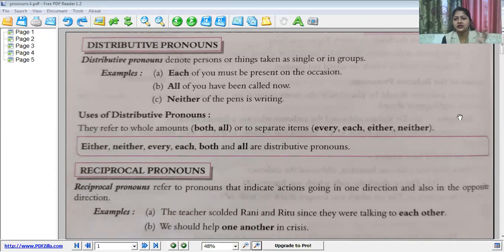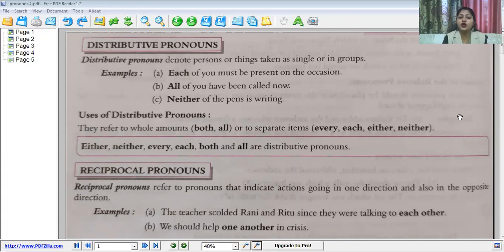They are indicating many as each. Now all of you have been called, indicating everyone as one. Neither of the pens is writing, taking it into single count. Neither, not even this, not that. Neither of the pens is working.